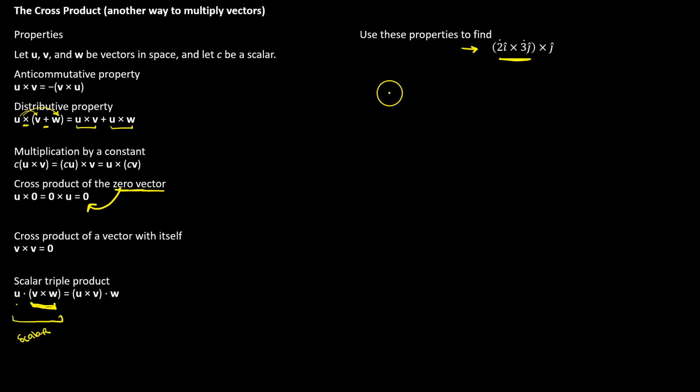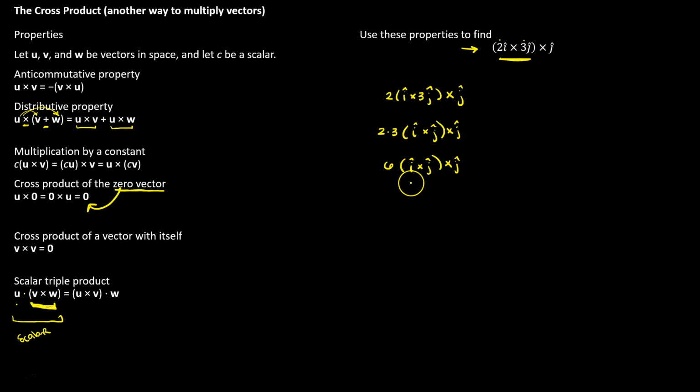So let's factor each one of those out. I could write 2i hat crossed with 3j hat, which is then crossed with j hat. But I could also factor out the 3, so 2 times 3 times the cross product of i crossed with j, crossed with j again. Or we could write that as 6 i hat cross j hat cross j.